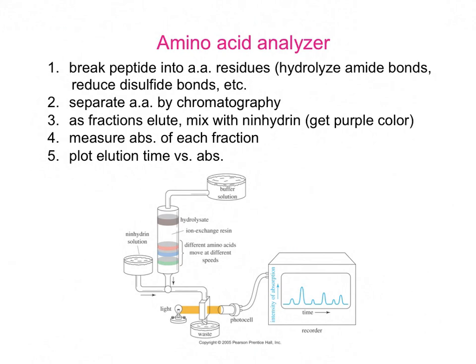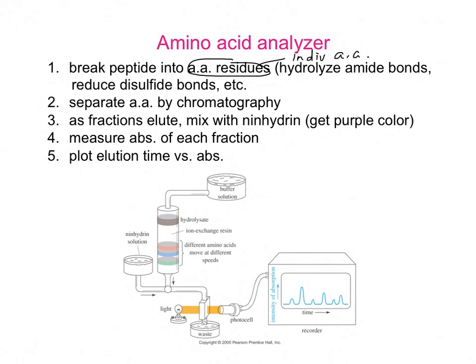The first thing it does is it takes the peptide and it breaks it into the amino acid residues. These are the individual pieces, the individual amino acids. So to do that, you're going to have to hydrolyze, obviously, the amide bonds. You're going to have to break those amide or peptide bonds. So then you've got floating around a whole bunch of individual amino acids.